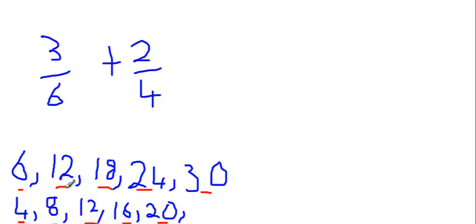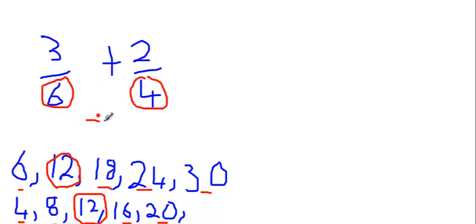So our lowest common multiple in both examples is 12. We have 12 for 6s, and we have 12 for the quarters. So we know that we'll be able to change our sixths and our quarters into twelfths.